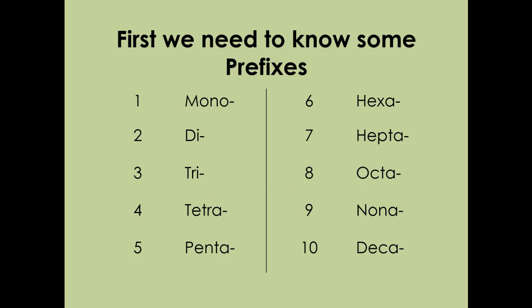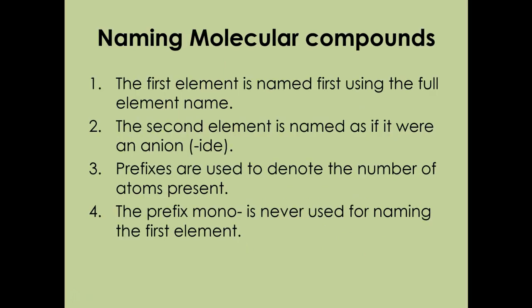So how are we going to name a molecular substance? We're going to name the first element using its full element name, and then we're going to name the second element as if it were an anion, again changing its name to "ide."